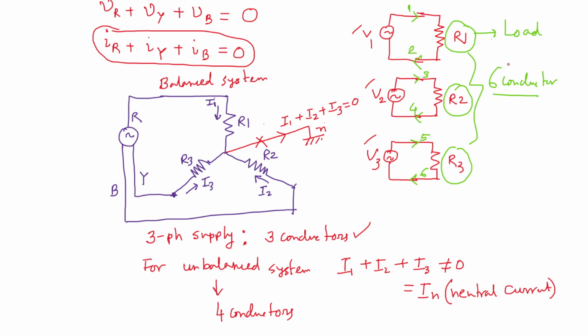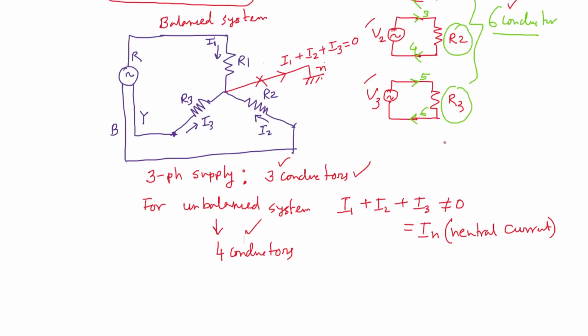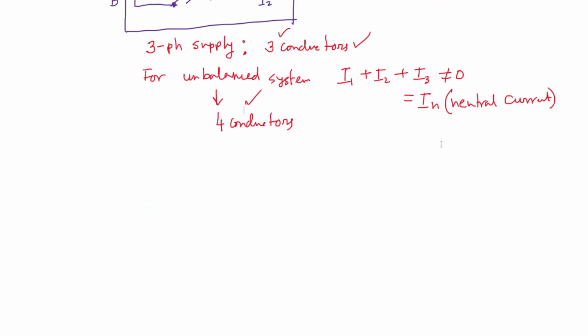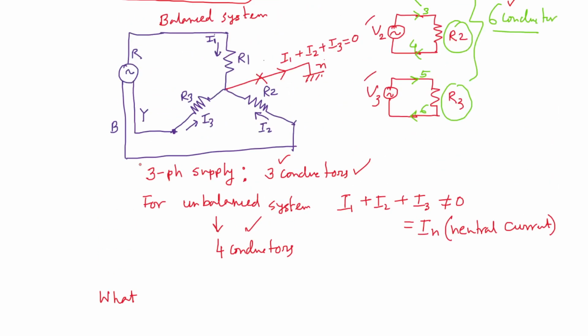In one case we require 6 conductors, in another case we require either 3 or 4 conductors. This example clearly illustrates that three phase system is far better than single phase system.